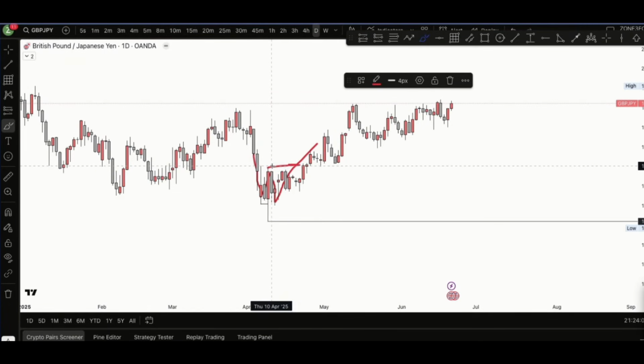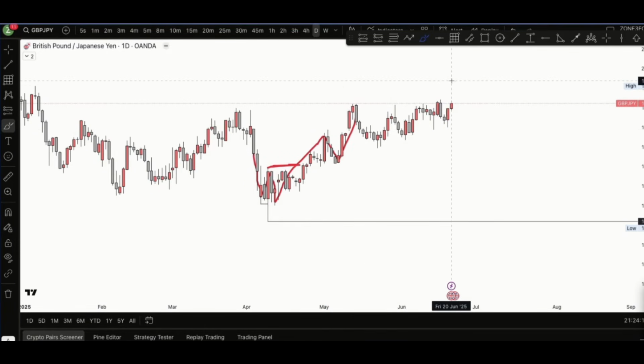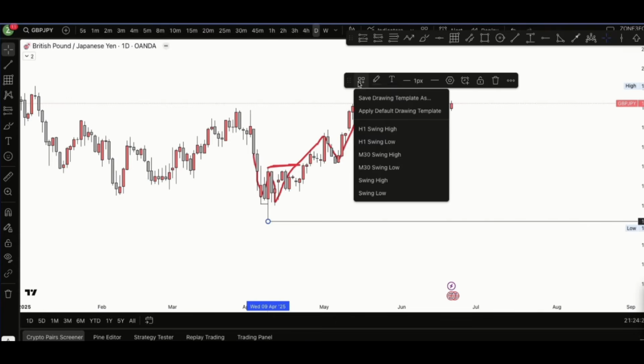I told you, for a first sign of a swing low, we must get a what? Change of character. So on the daily time frame, this is a change of character. So now it went and came down, then what? Broke structure. So in the daily time frame, this has been confirmed now as our what? Swing low.